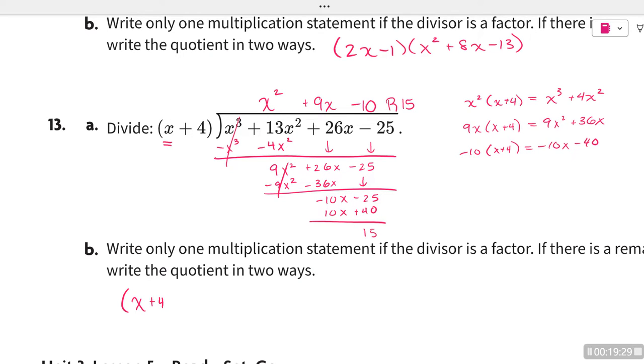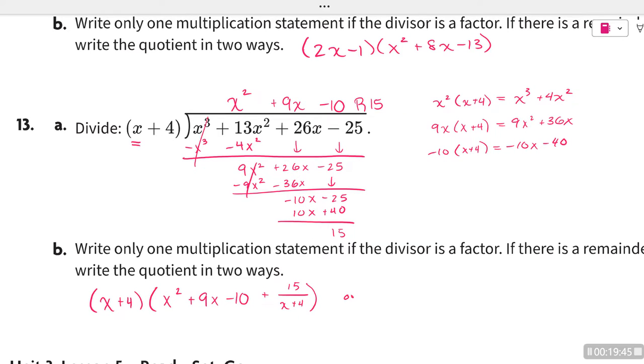x plus 4 times x squared plus 9x minus 10. And in that same set of parentheses, I'm going to add 15 over x plus 4 because I did not actually divide those. Or we can leave our 15 out, right? x plus 4 times x squared plus 9x minus 10, right?